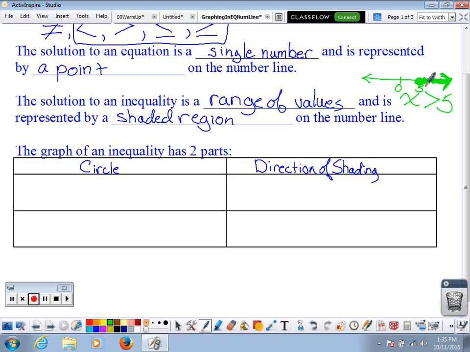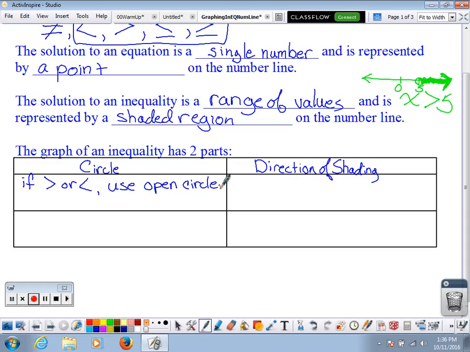But if I shade that circle in, what that graph is saying is that 5 is part of my solution. If I put 5 in place of x, is that inequality true? Is 5 greater than 5? No. So if the inequality that we use is just greater than or just less than, we're going to use an open circle.